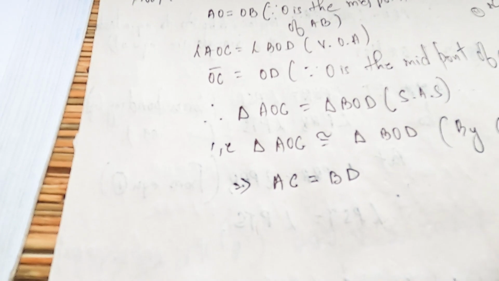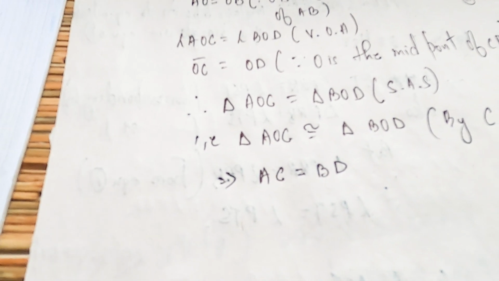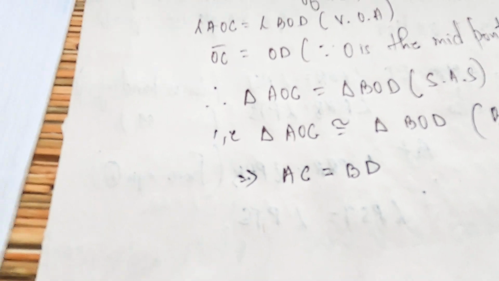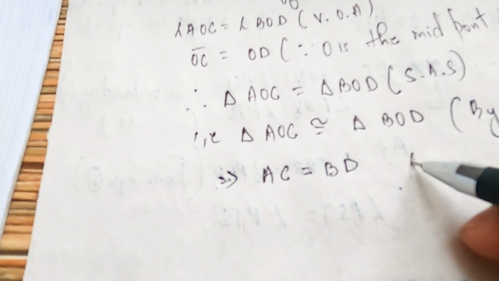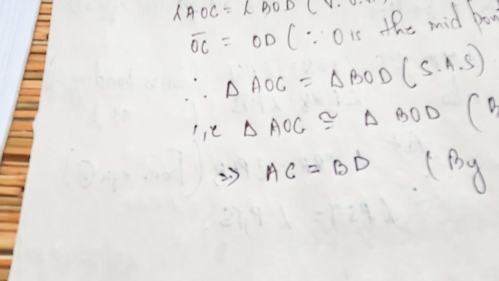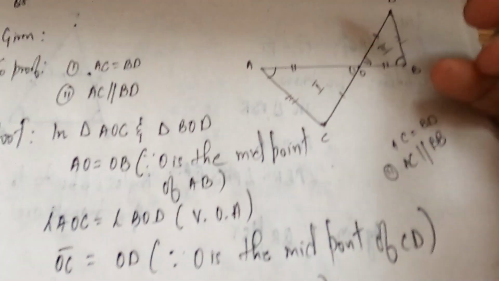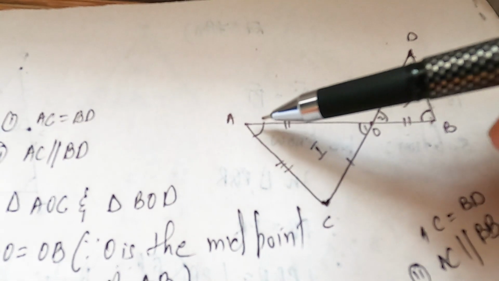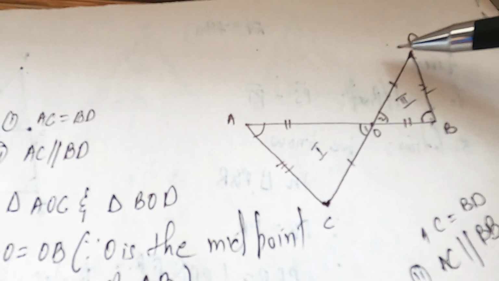So we have proved that AC is equal to BD. This is also by CPCTC. Now, since we have proved that AC is equal to BD, next we have to show that AC is parallel to BD.